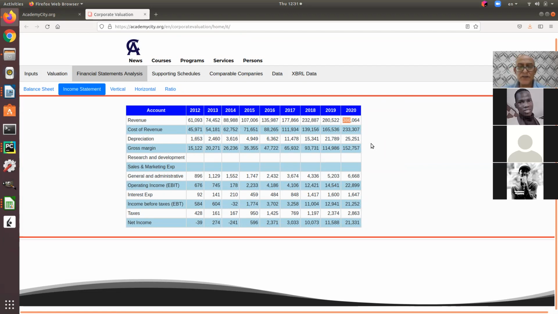It's a huge, huge jump. What happened to the gross margin? 10 times bigger. So you can tell immediately, this company is really 10 times bigger than it used to be 9 years ago. In any perspective, at least from the glimpse that I just took at the financial statement, I can say that and feel comfortable saying it.